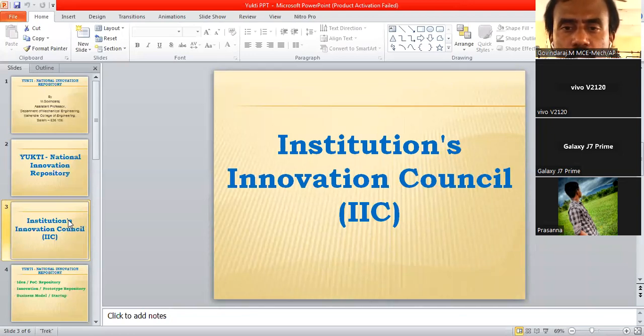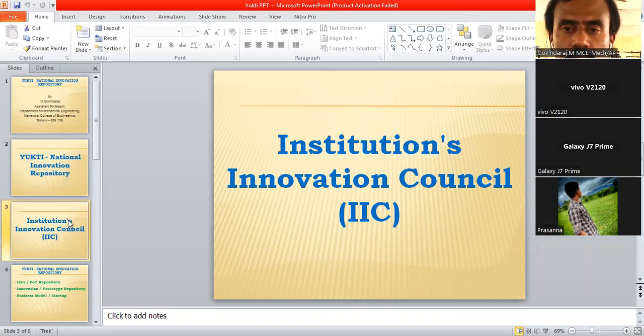The main objective of the Institution Innovation Council is to impart innovation skills to the students, to enhance their creativity skills, to improve design thinking knowledge, and to improve creative thinking. We can go on saying that, right?